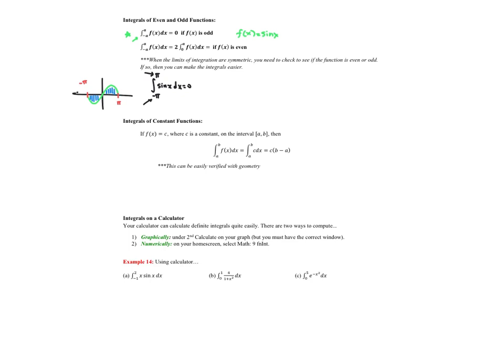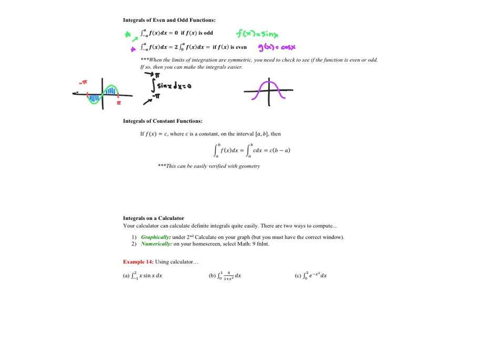Similarly, if I took an even function, let's take the function cosine x, which is even. Let g of x equal cosine x. And if I were to integrate that from negative pi to pi, let me see if I can sketch this accurately. It would look like this.